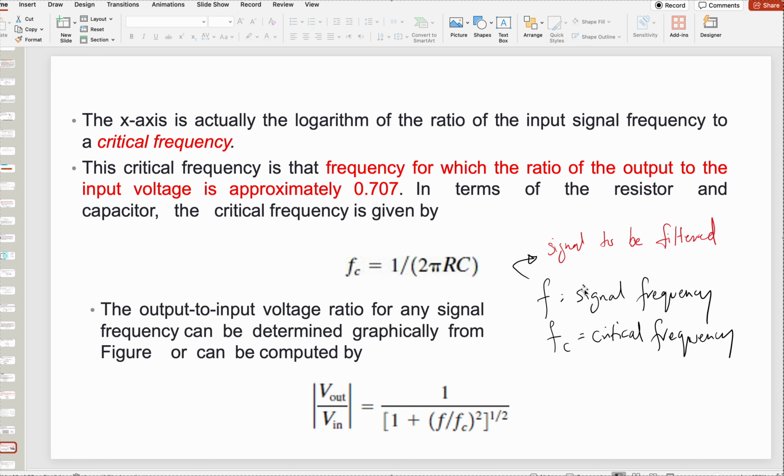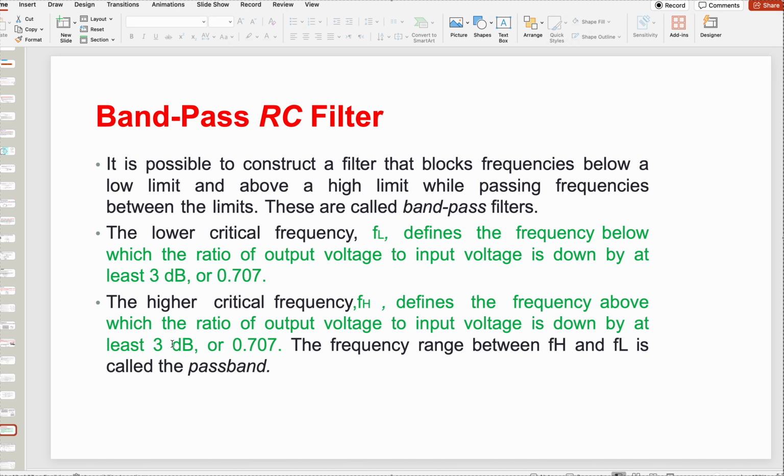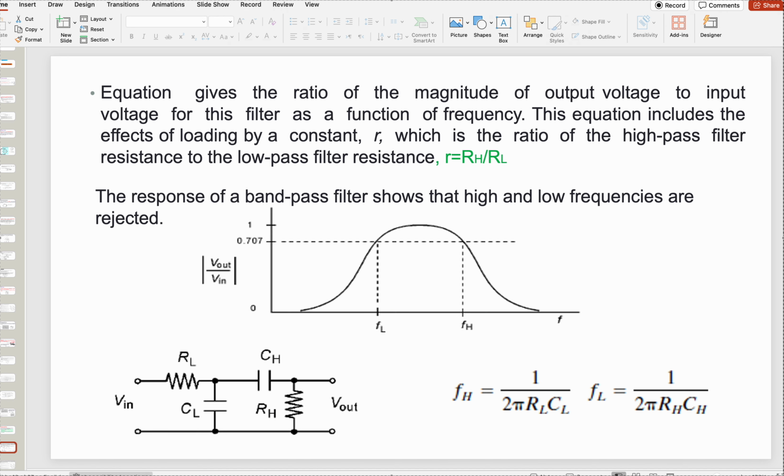Make sure that you go through this example for the low pass filter and the high pass filter, in which it's exactly the same equation, except in the numerator you have F over FC. And again, we also solved the band pass filter. It has both the low pass and the high pass filter in this case. So that's all for this part, and then we solved many problems. I'm not going to solve the problems again here, but I'm just trying to cover the third part.